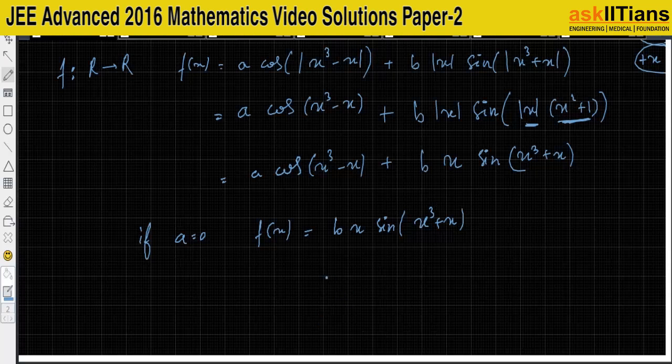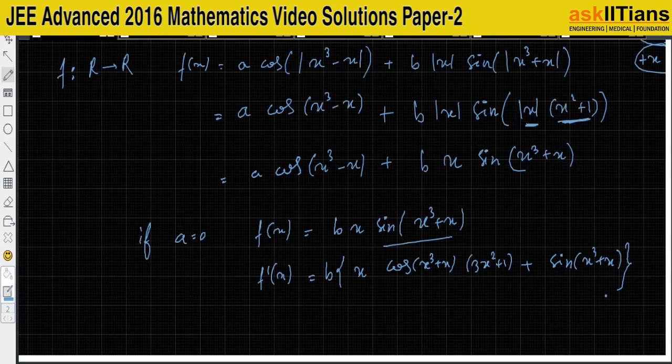Because I can find the value of f dash x. It will come out to be b times the first function into the differentiation of the second, that is cos of (x cube plus x) into (3x square plus 1), plus the second function into the differentiation of the first function, which is just 1. So definitely this is differentiable at x equal to 0. Alright, so option A is correct. Then let's look at the next option.